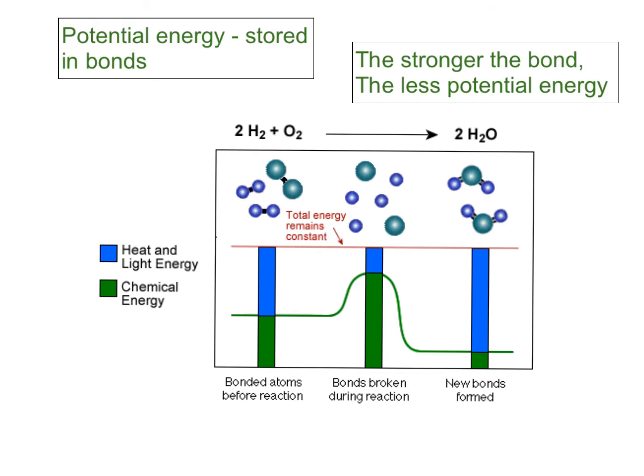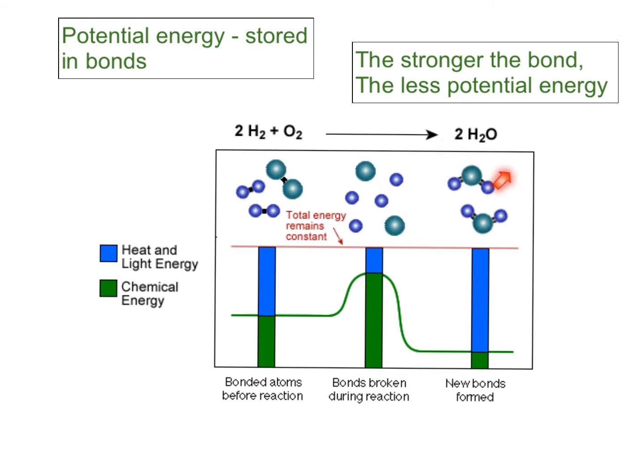And just as energy must be put into breaking bonds, energy is going to be released when the new bonds form. And that energy will be released in the form of heat and light. And so if we end up with products having less chemical energy than our reactants had, then we have an exothermic reaction.